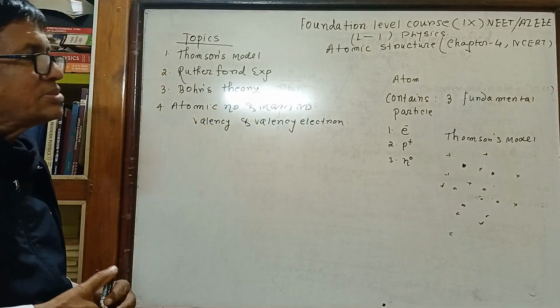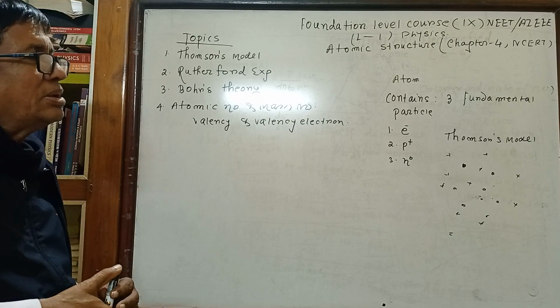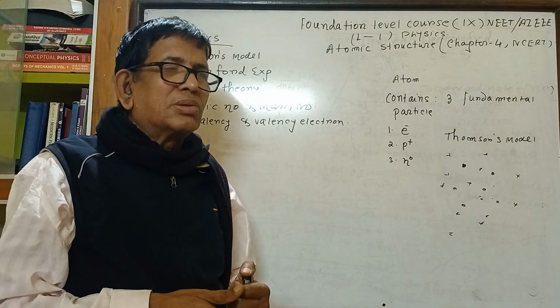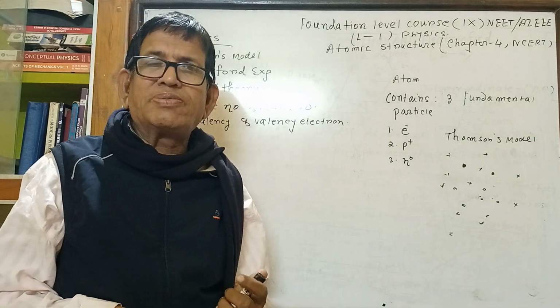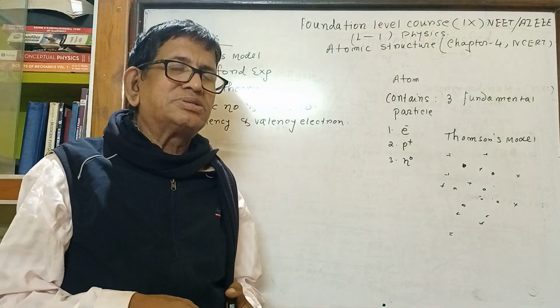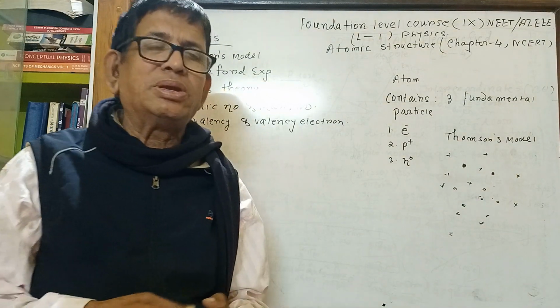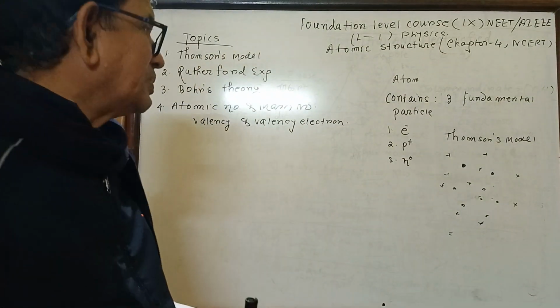So this is the first model, the Thomson model. This model was rejected because many natural phenomena could not be explained, such as the stability of the atom and how electrons are distributed. So this model was totally rejected.